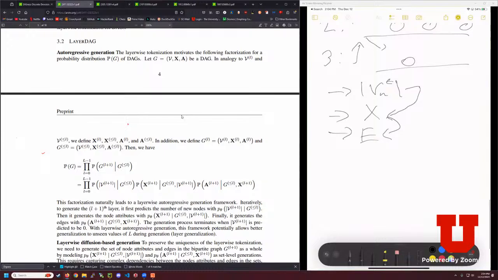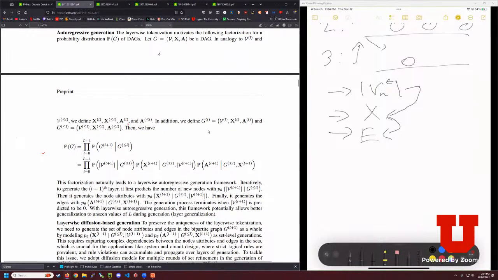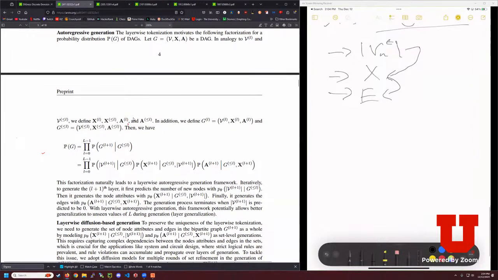Okay. So this is basically how they set up their auto generation. The basic ones are: they have the probability of the cardinality at layer L+1 dependent upon their graph at all previous layers.